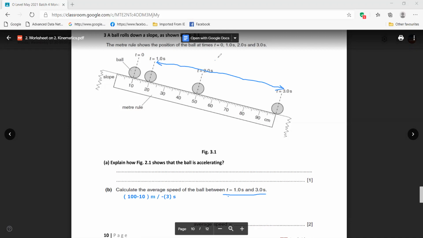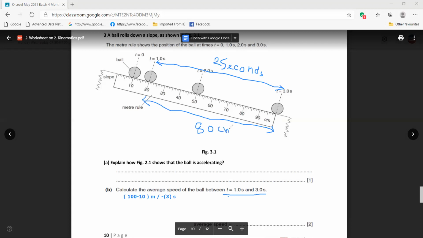So here we got 2 seconds, right? Yes, sir, 2 seconds. And the distance traveled within this range is 20 to 100, so it is 80 centimeter.